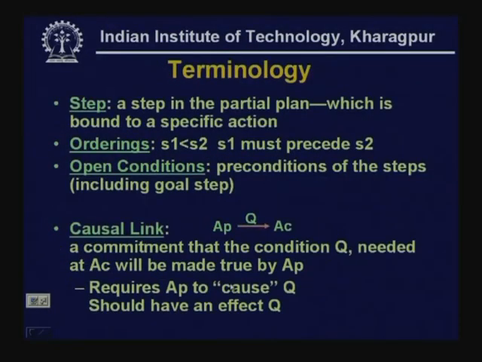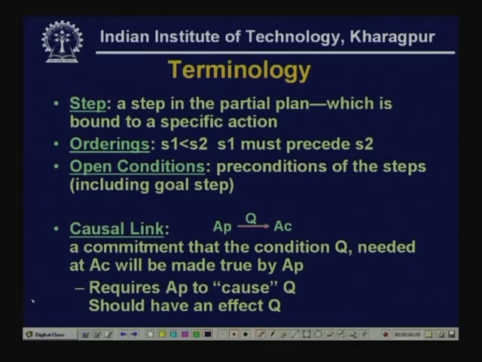and let us get to certain terminologies that we will be using today. We have a step in the partial plan, and a step in the partial plan would be a particular action which is taken. So, a step is bound to a specific action.